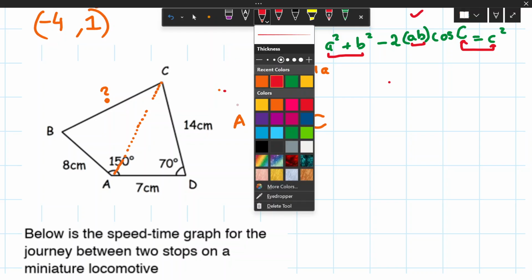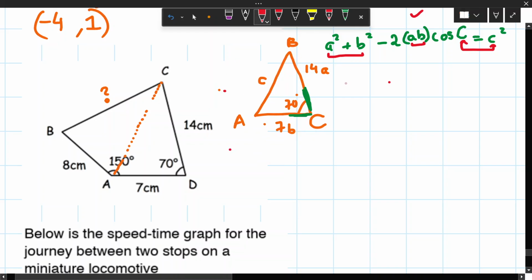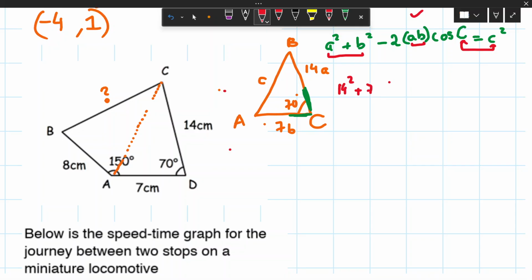Now I can plug this into the formula. So a squared becomes 14 squared, b squared becomes 7 squared, minus 2 lots of ab becomes 14 times 7, and then cosine of C would be cosine of 70, and that is equal to c squared.